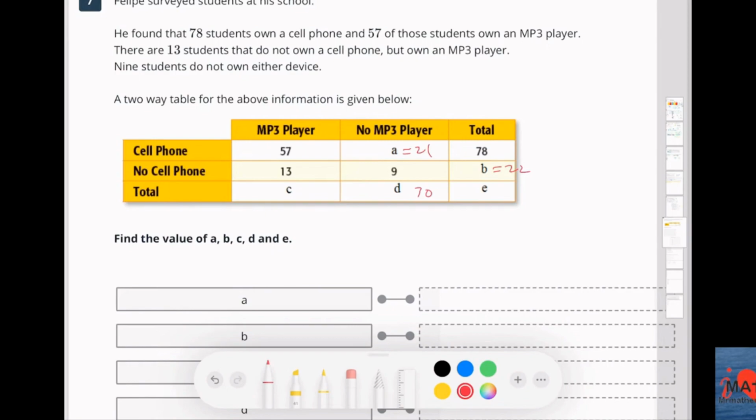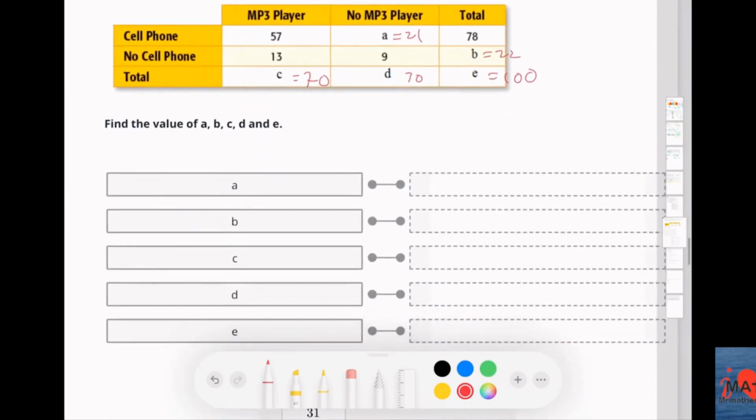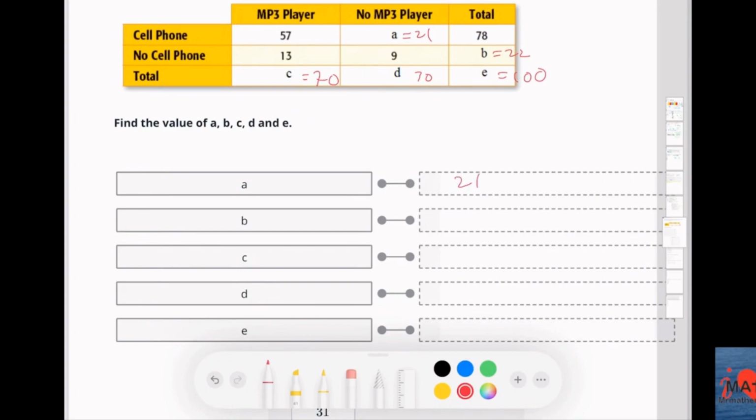And if you add that, you would see equals 70. And 70 plus 30 gives you 100. And 78 plus 22 gives me 100. So A is 21, B is 22, C is 70, D is 30, and E is 100. So that's just filling out a two-way table.